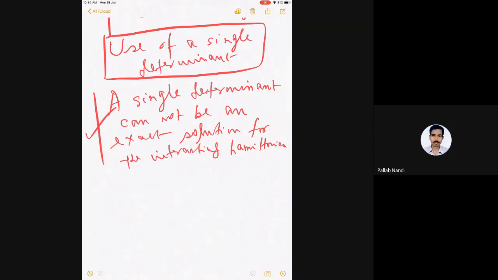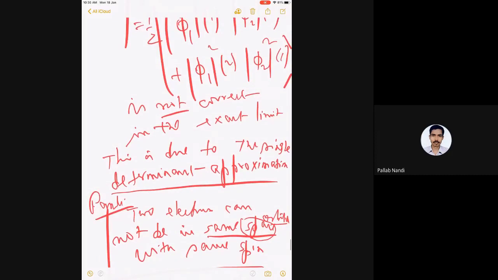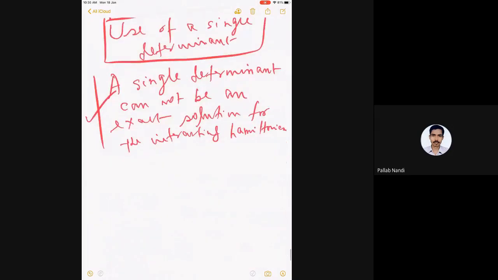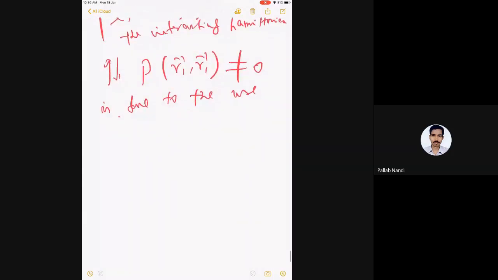So obviously, we have to look for such a solution. I'm already giving you hints. We have to look for a solution which goes beyond a single determinant. And that is the crux of the problem. Why this is happening. So the fact that for antiparallel spins, P of R1 is not equal to 0 is due to, this is what I'm now writing, the use of a single determinant.